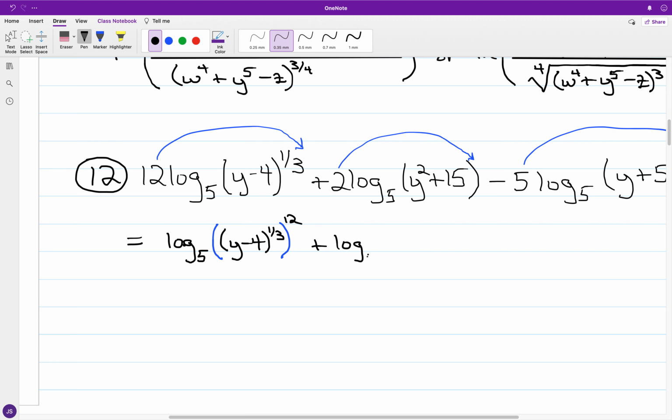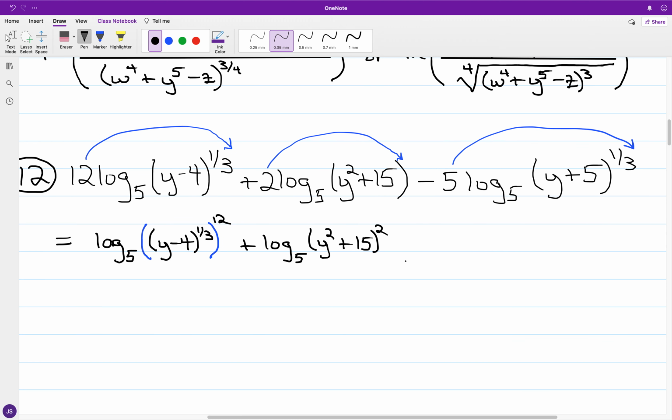And next in line, you have plus the base 5 logarithm of the quantity y squared plus 15 to the second, and we have minus the base 5 logarithm, and the 5 is going to affect the 1/3. So in this one case, you have minus the base 5 logarithm of the quantity y plus 5 to the 1/3, taken to the 5th power.